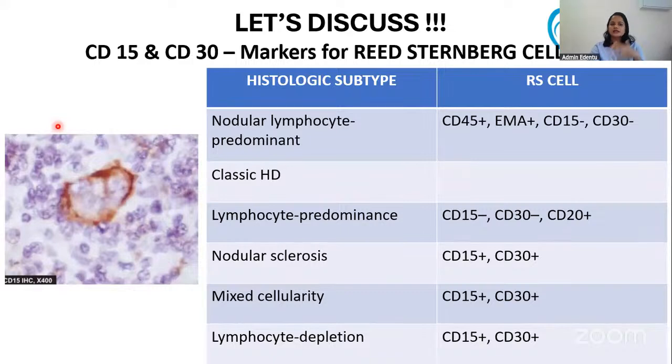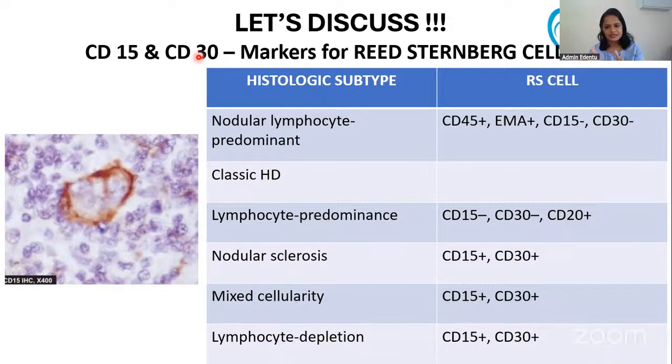If you look at the immunohistochemistry, these Reed-Sternberg cells will be positive for certain markers. Two markers they will be positive for: one is CD15 and another one is CD30. All the Reed-Sternberg cells will be positive for these two markers.